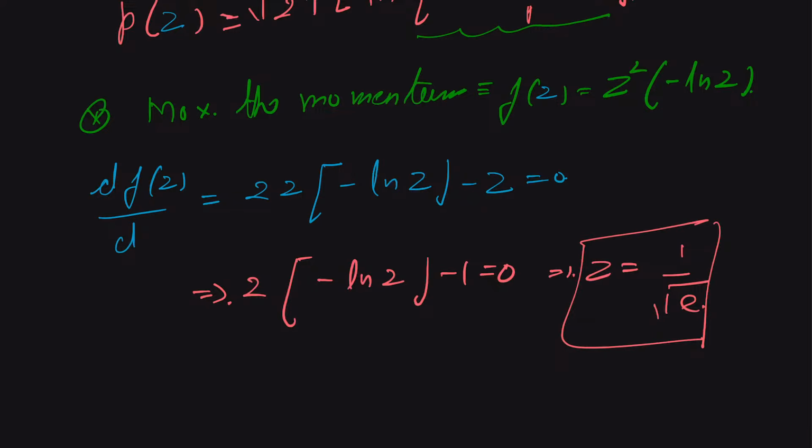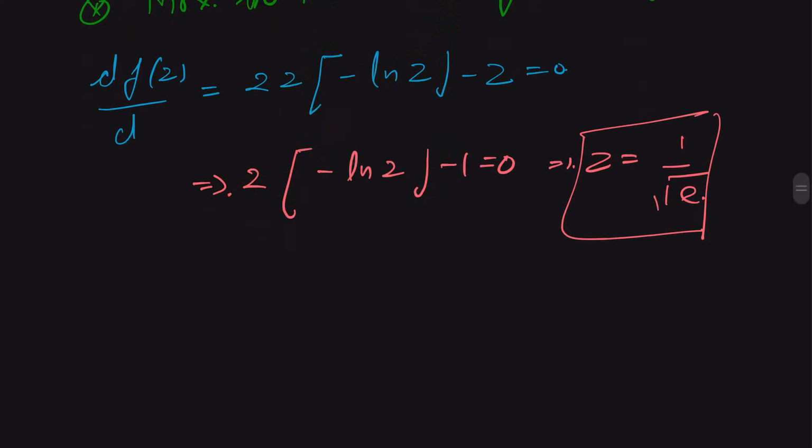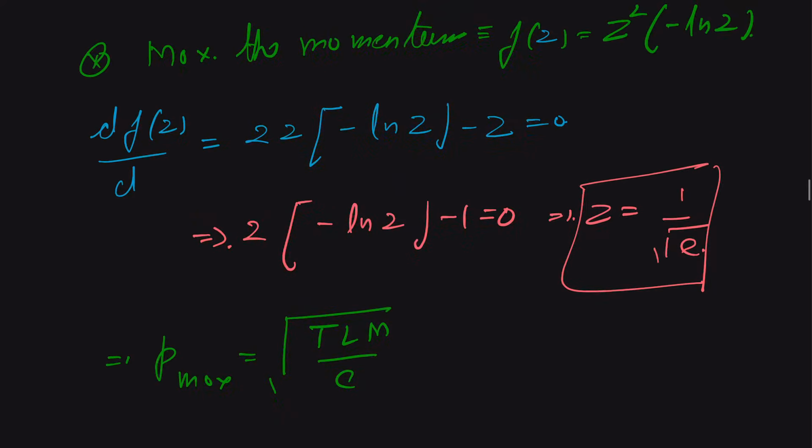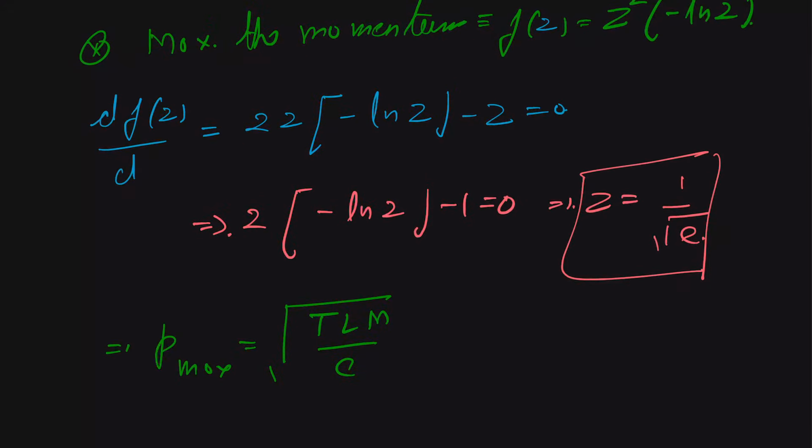So this is basically our ratio, and we can find the maximum value by substituting z. Therefore our maximum momentum will be equal to T L M upon e and its square root. That is quite simple, not a big problem.